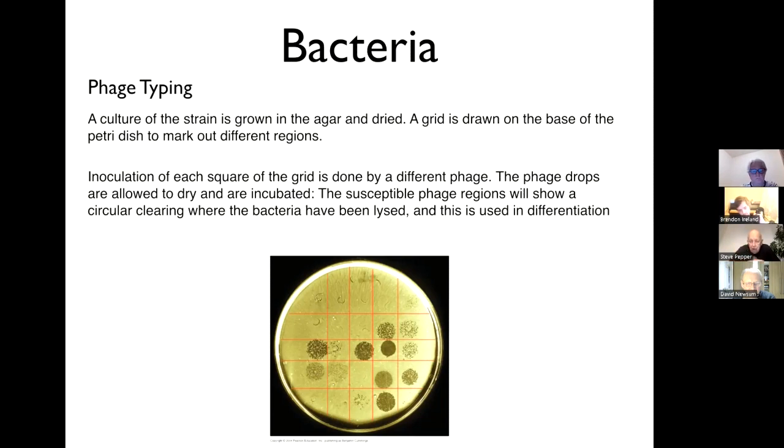The phage drops are allowed to dry and are incubated. The susceptible regions will show circular clearing where the bacteria have been lysed or killed, and this is used to differentiate. So phage type 8 is a particular bacteriophage, and it's used to identify.